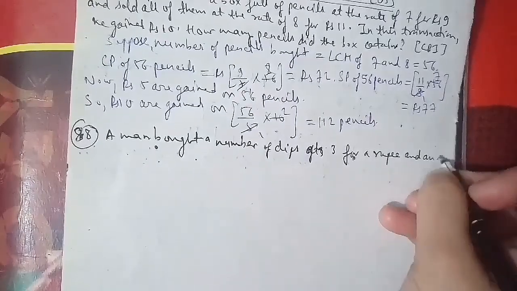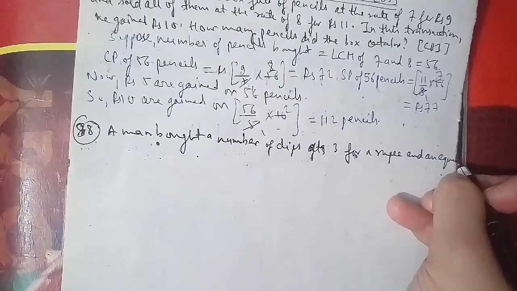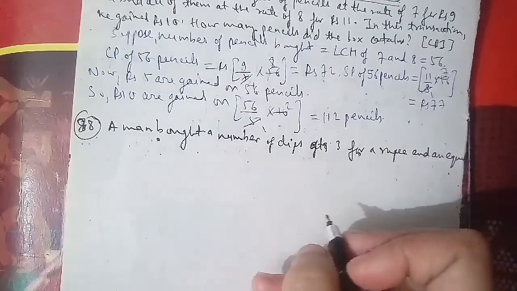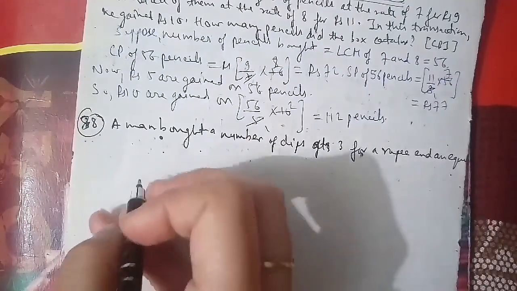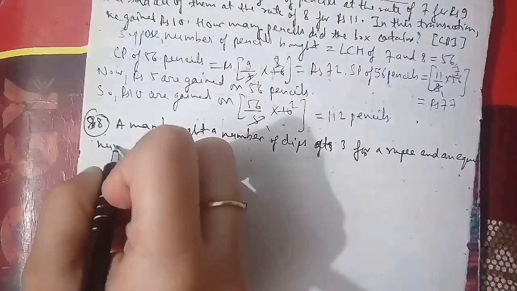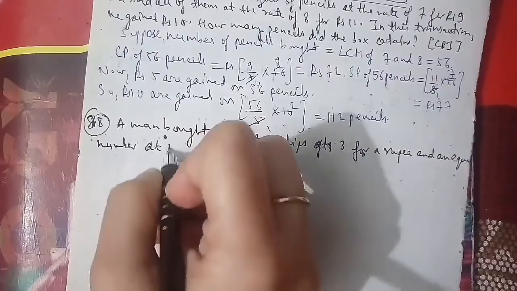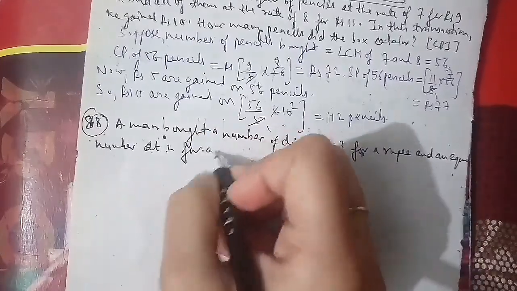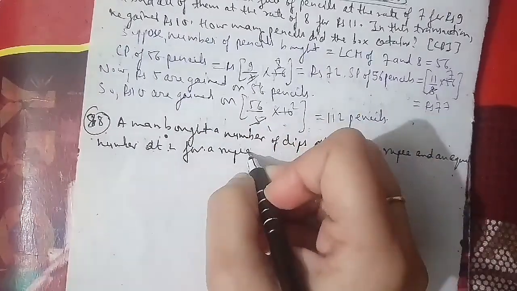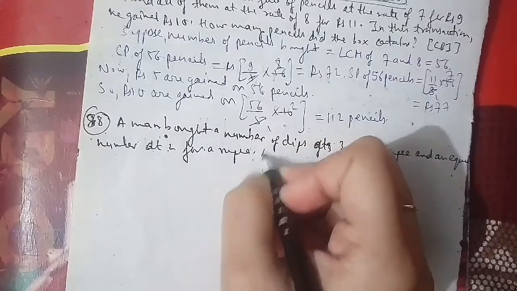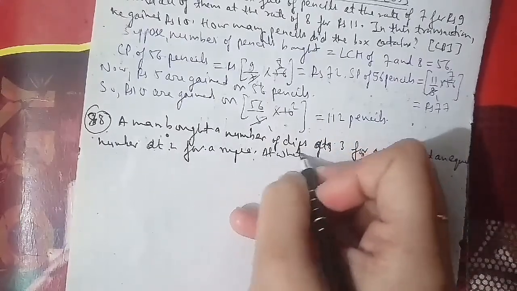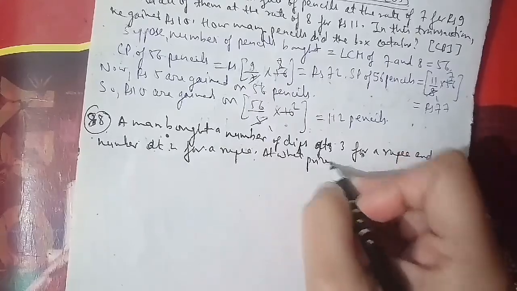At what price per dozen should he sell them to make a profit of 20%?